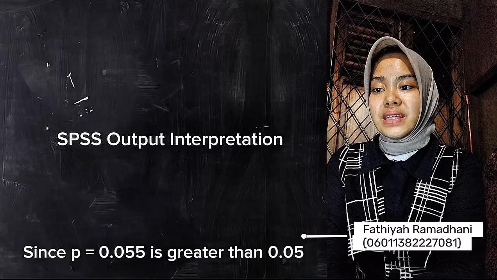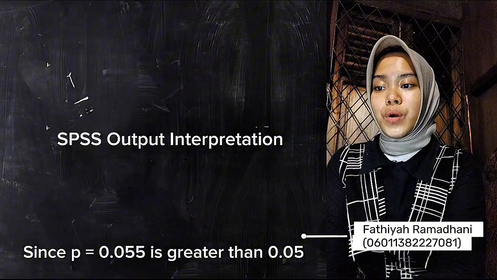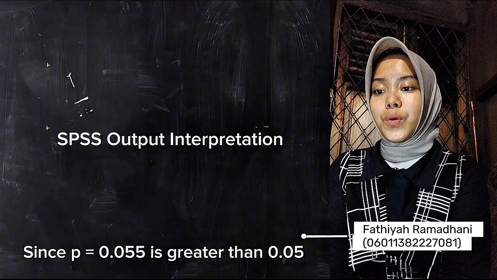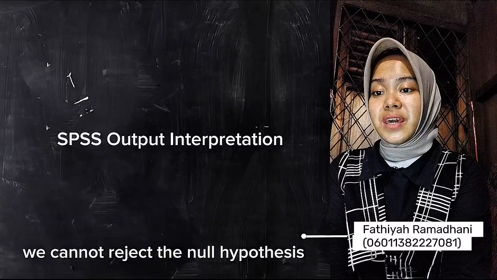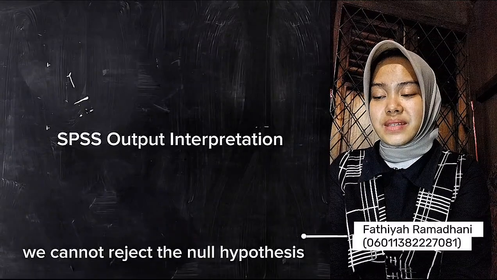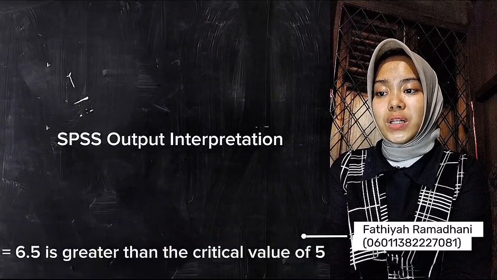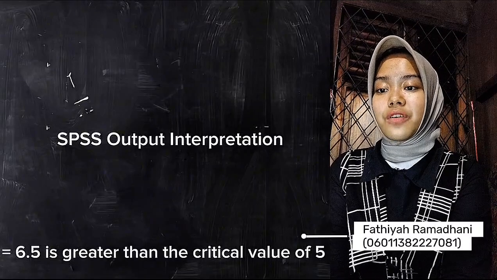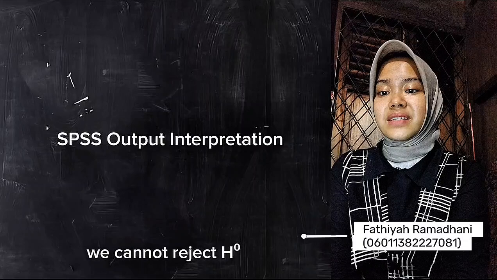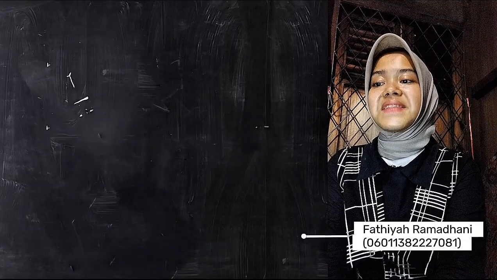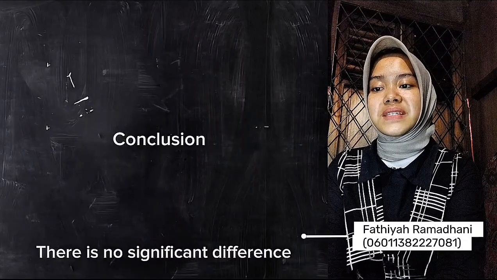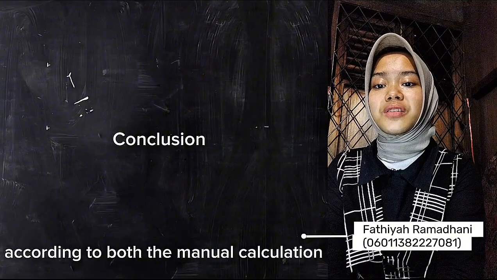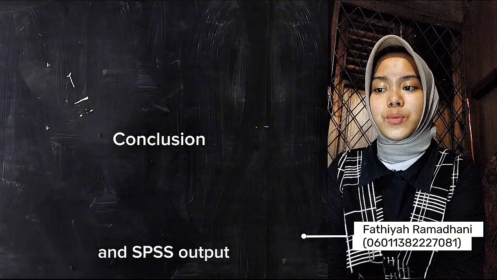Since p equals 0.05 is greater than 0.05, we cannot reject the null hypothesis. Since W equals 6.5 is greater than the critical value of 5, we cannot reject H naught. Then there is no significant difference between the two datasets according to both the manual calculation and SPSS output.